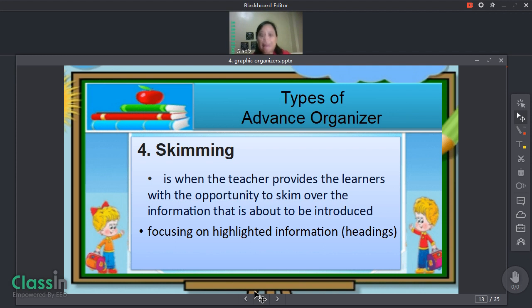Okay, but not reading or having further explanations of the story or the lesson that is about to be discussed. The teacher is just letting the students skim the most highlighted information or the headings, or those things that are highlighted in the story or in the lesson.